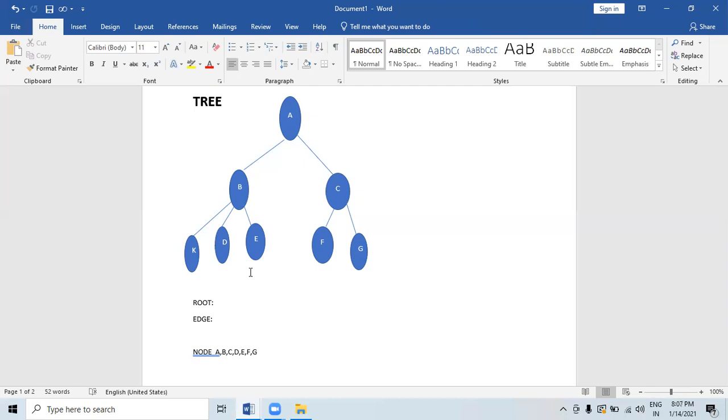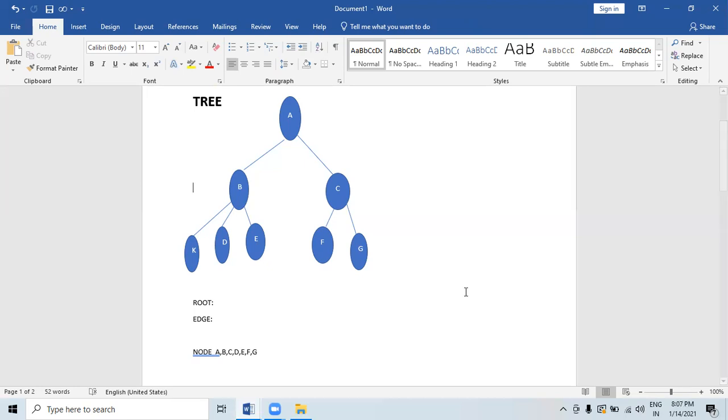I have already explained the example of siblings, right? Subtree. A subtree is a set of nodes and edges of a parent and all its descendants. Suppose A है, then यहाँ पे कोई ट्री होता, so A इसको हम बोल सकते थे subtree. Then leaf node: the node which does not have any child is called a leaf node.